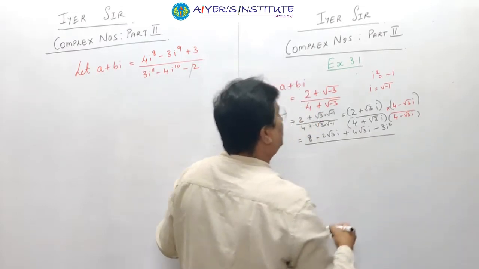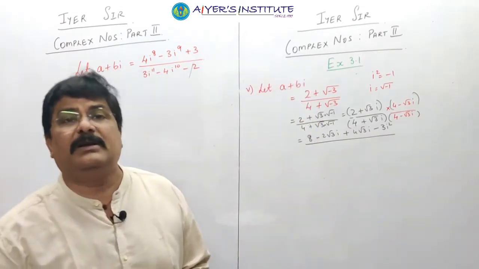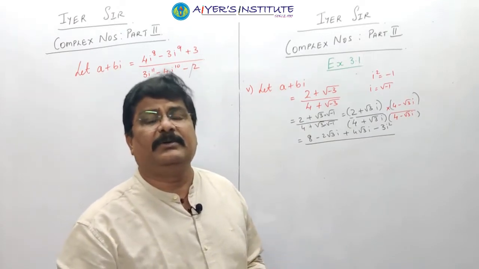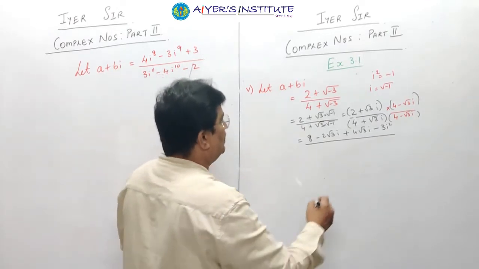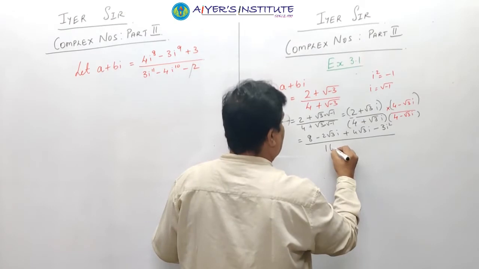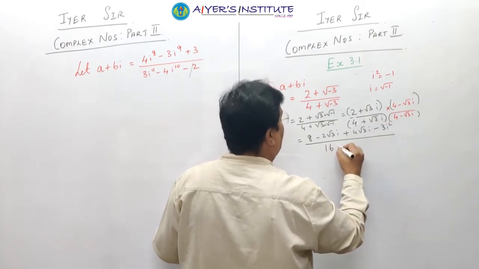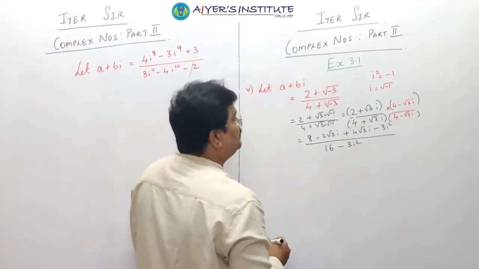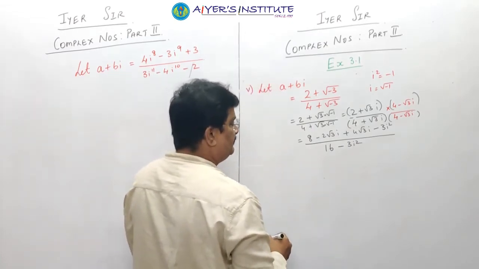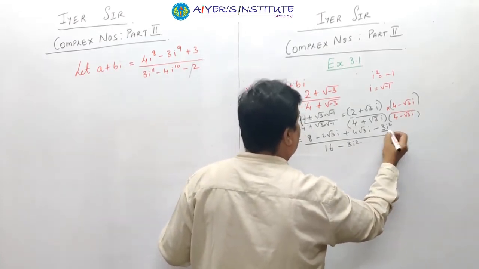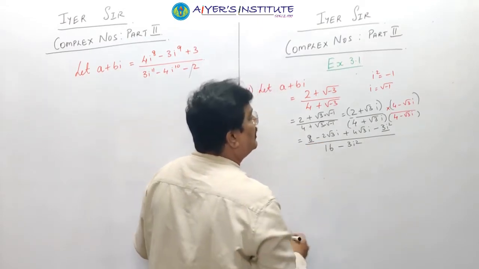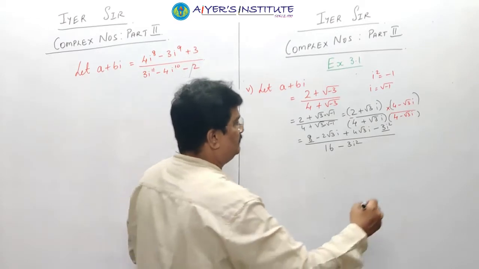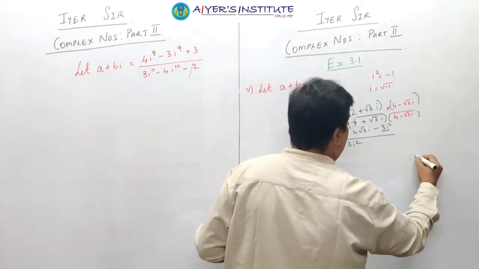In the denominator, as we all know, because we are multiplying by the conjugate, it is a plus b, a minus b type, so it will automatically become a square minus b square. So this will be 4 square is 16, root 3 square will be 3 i square. We take the like terms together because i square's value is minus 1.